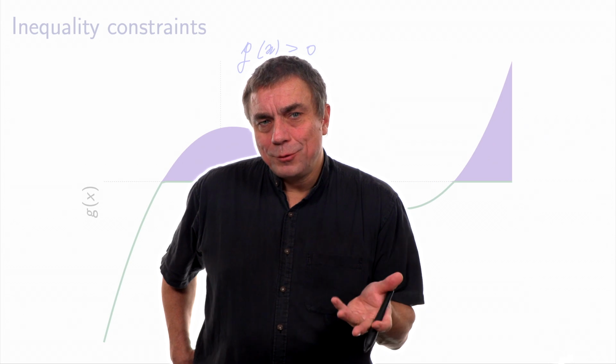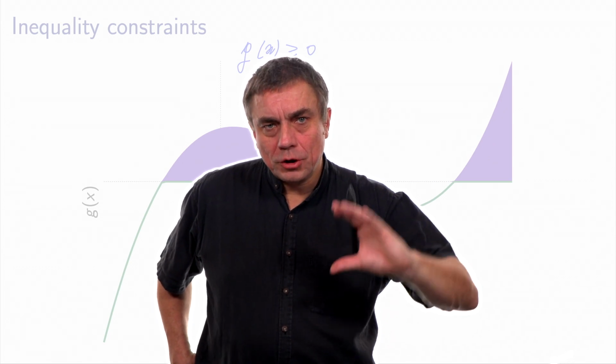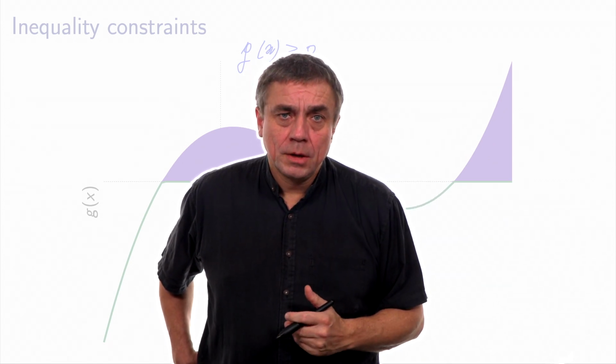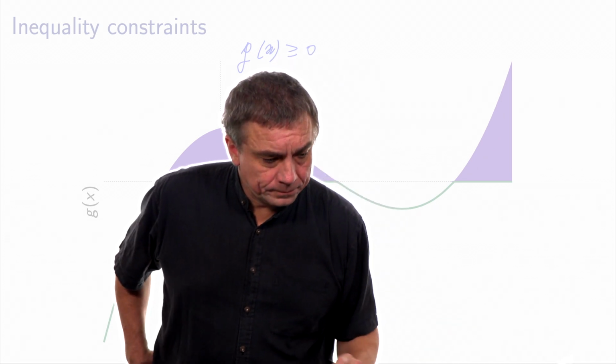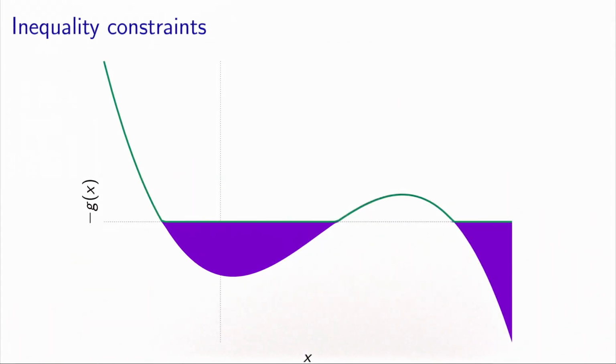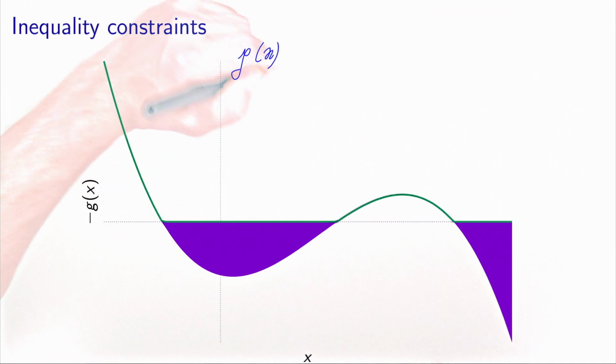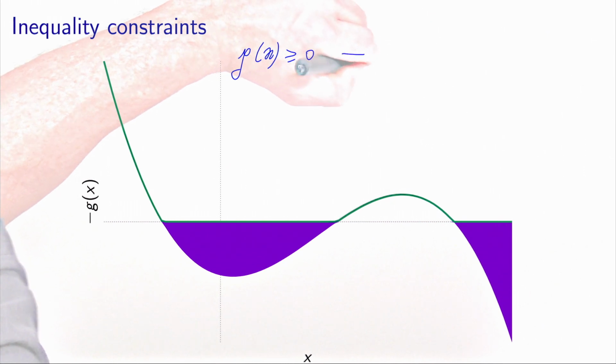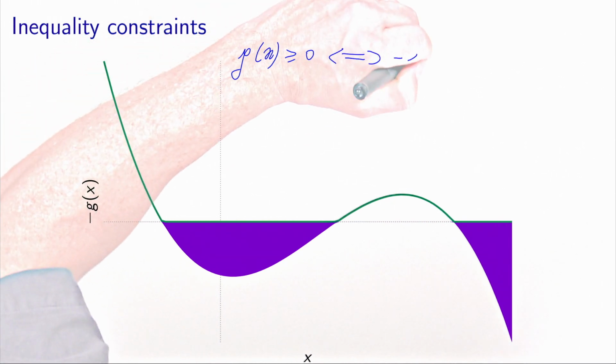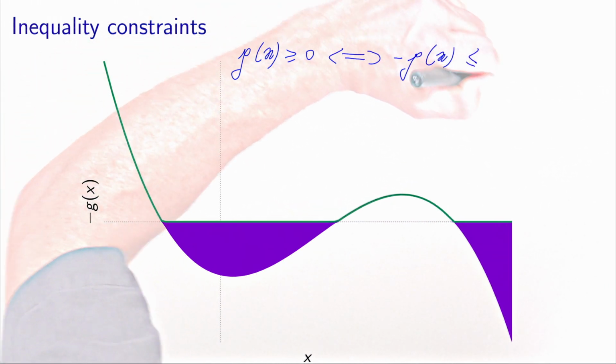Well, in this case, what I have to do is to flip the function around the x-axis by changing its sign. So here I have plotted minus g of x, and the constraint g of x greater or equal to 0 is equivalent to minus g of x less or equal to 0.